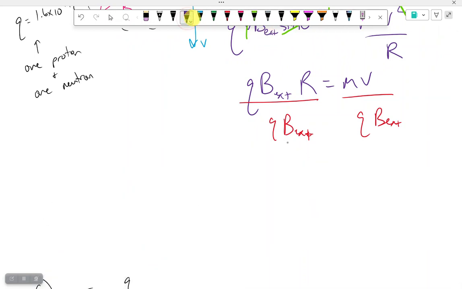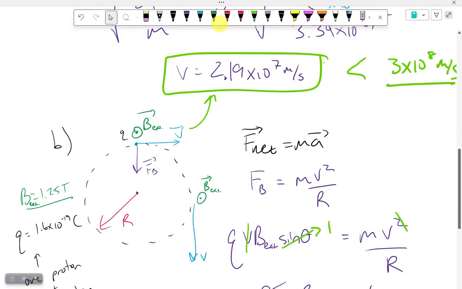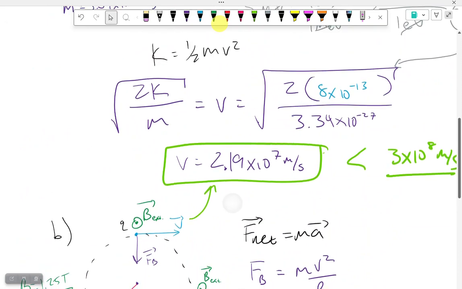I get this cancels, and then I get finally that the radius is going to be mv over q B external.